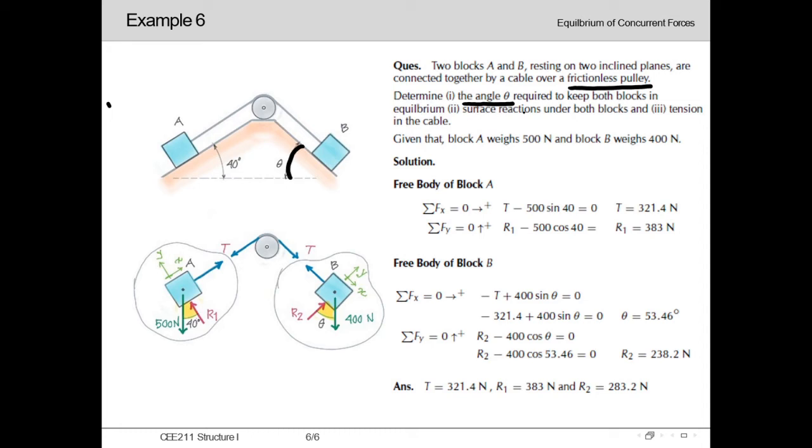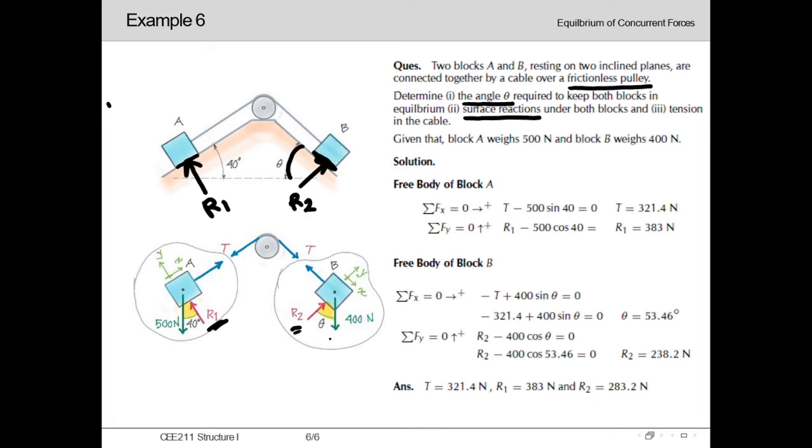In our second question we are asked to determine the surface reactions under both blocks. You can see that there is a contact surface, and here is also a contact surface for block B. So surface reaction will arise here. Let's denote it with R1. You can see here R1, and for B let's denote it with R2.